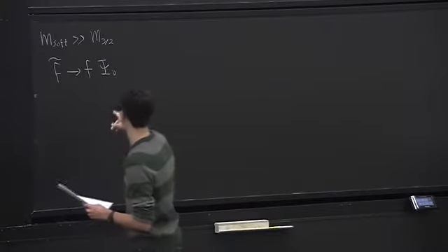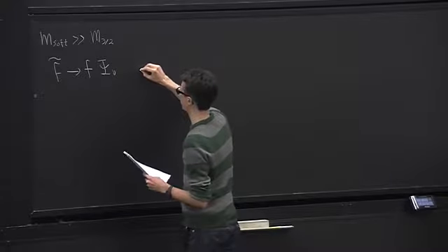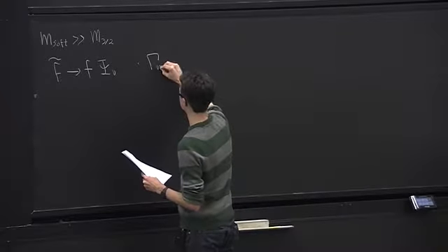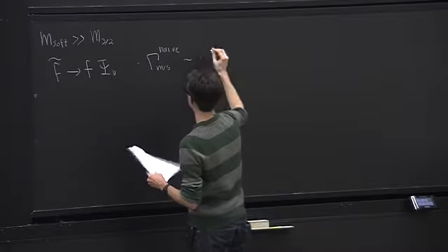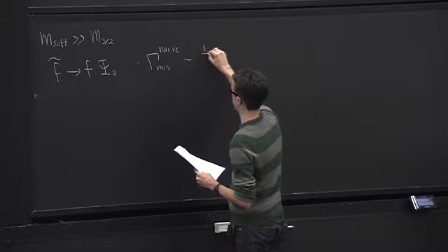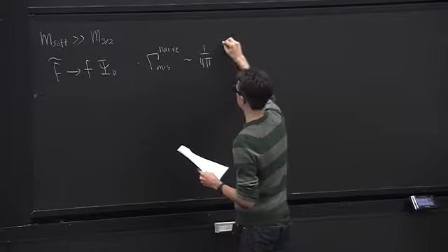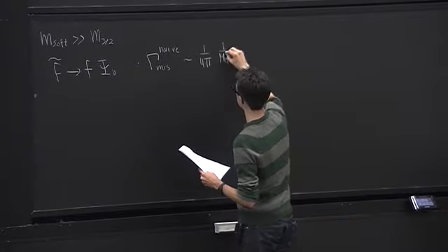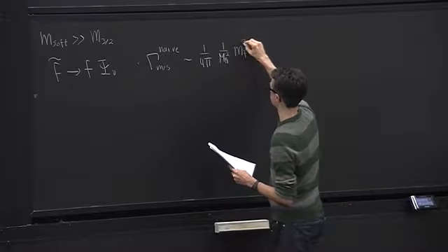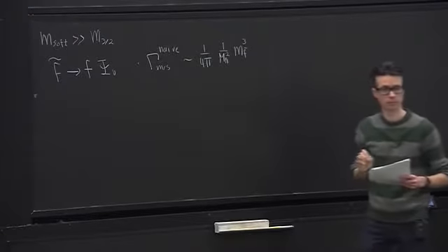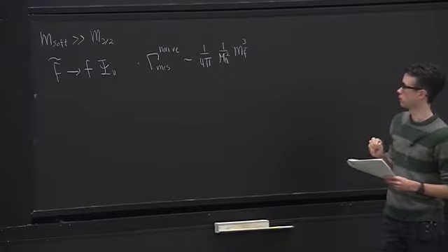Naively, you would expect the decay width, and I'll put naive here because this is what you naively expect, to go like 1 over 4 pi, times 1 over m Planck squared in the denominator, and then everything else made up by the largest mass scale in the problem, mf tilde cubed.